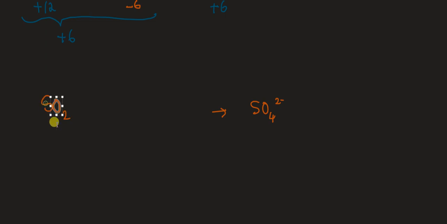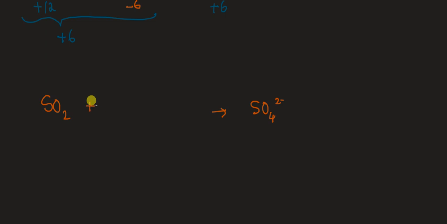On the left hand side we have 1 sulfur atom, and on the right hand side we have 1 sulfur atom. So the sulfur atoms are already balanced. So now we proceed with the next step, which is to balance the oxygen atoms. On the left hand side we have 2 oxygen atoms, and on the right hand side we have 4 oxygen atoms. In order for us to balance this, we have to add water molecules on the left hand side, because it does not have enough, 2 oxygen atoms.